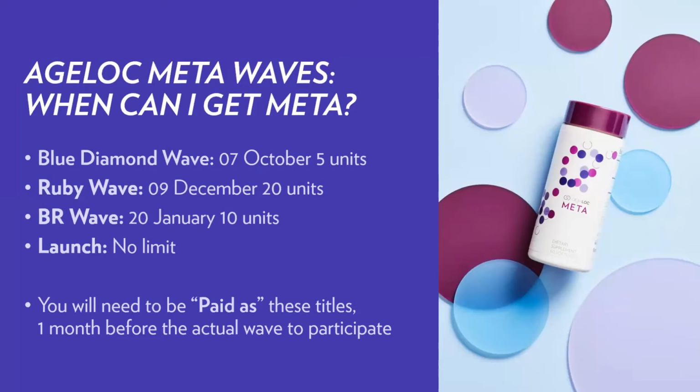So my final call to action for all of you, if you are in the business right now and you are not a Ruby yet, you really should go and aim for Ruby. Ruby is the title that everyone should aim for in November.